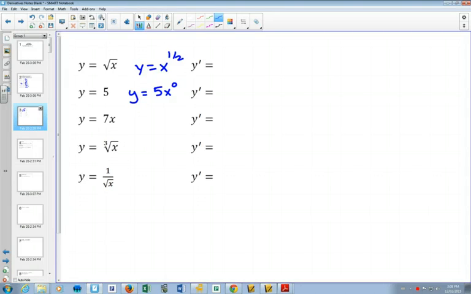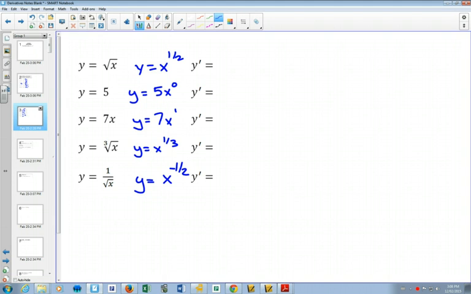That would be just 1, and 1 times 5 would be 5. This would be 7x to the 1. This would be x to the 1/3. And this one would be x to the negative a half, because it would be 1 over x to the half. But if you wanted to move that exponent up, you could have x to the negative a half.